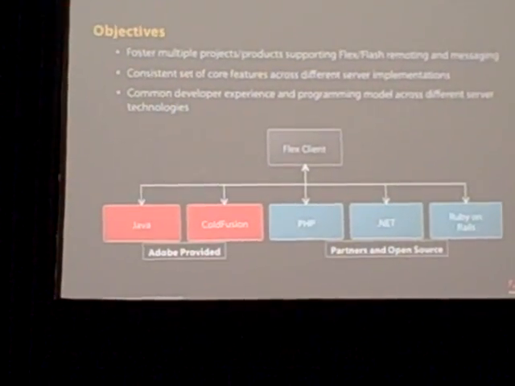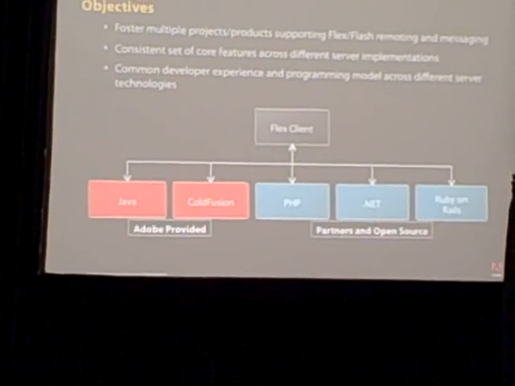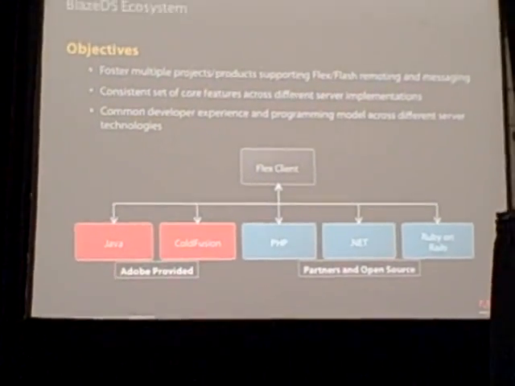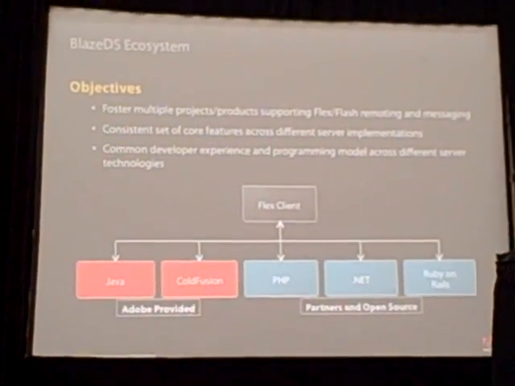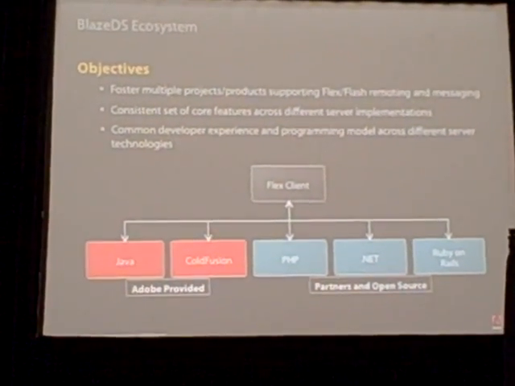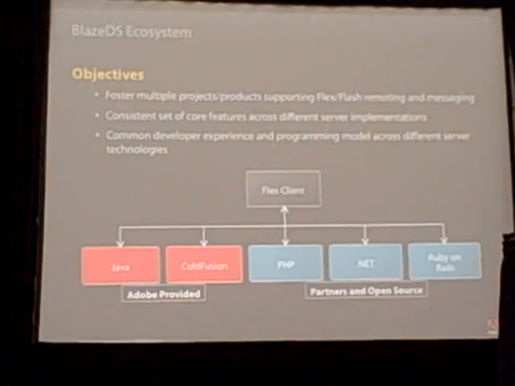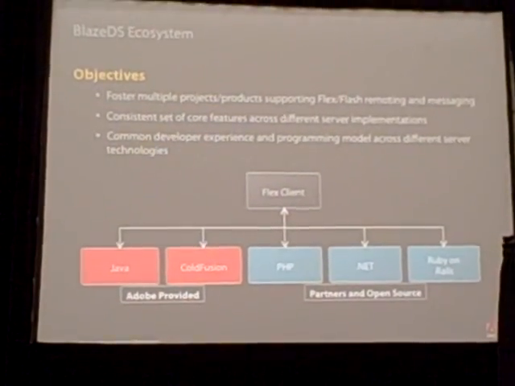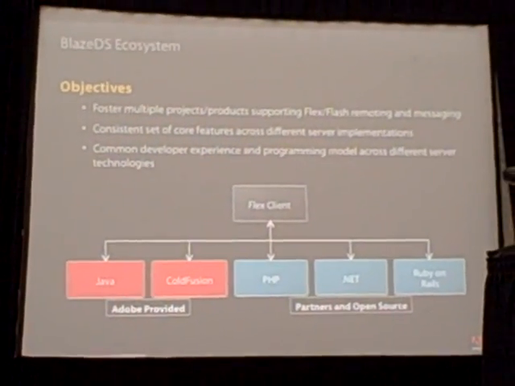But one of the things I did want to talk about with Blaze is what were the objectives of open sourcing Blaze. So if you look at how we have this set up, Adobe is providing the Blaze implementations for Java as a reference implementation and ColdFusion.